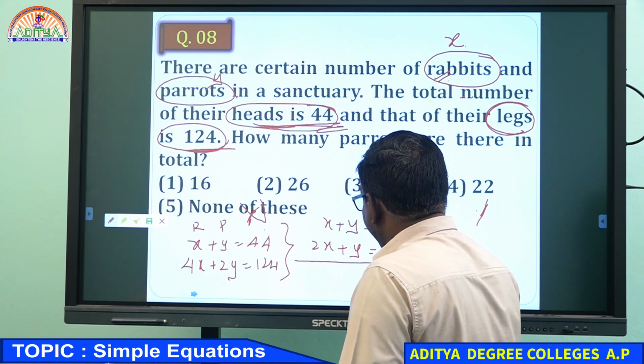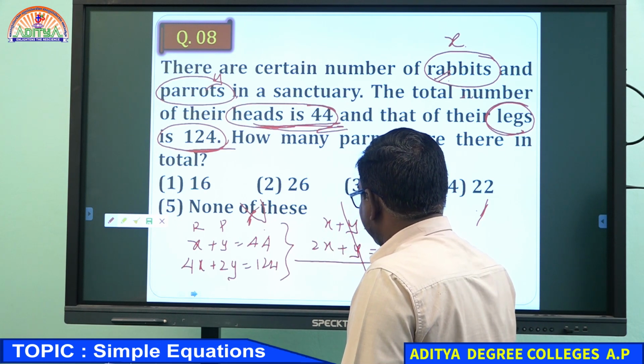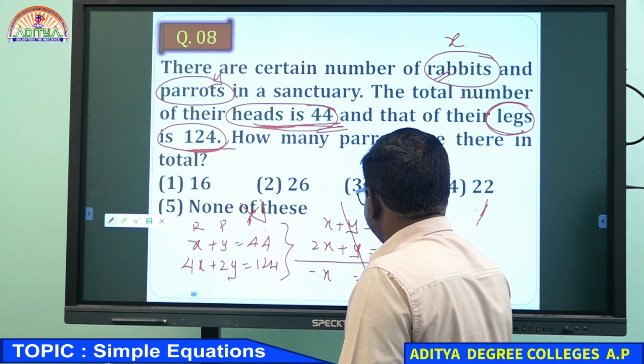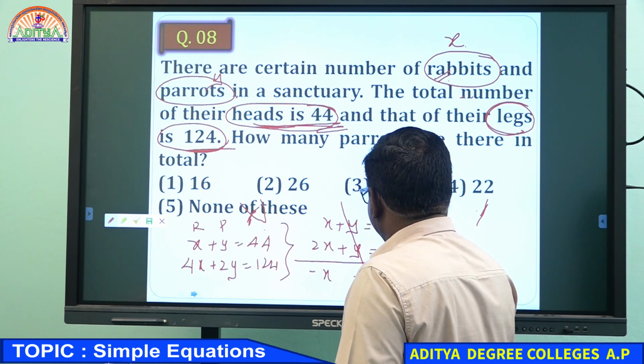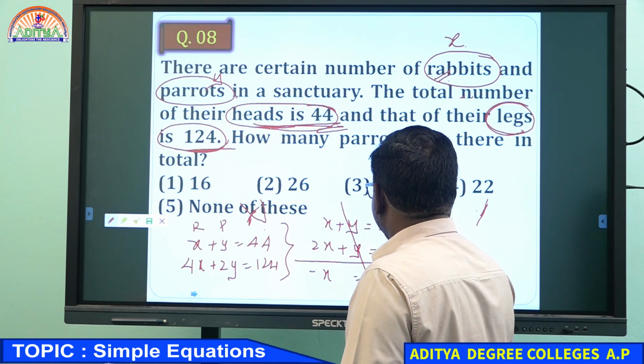Now you can subtract: these 2 cancel, these 2 cancel, and you get 62 minus 44. 12 minus 4 is 8, and 6 minus 4 is... 18.